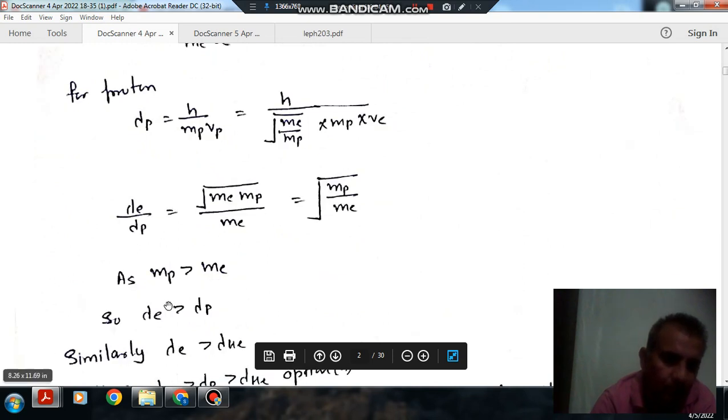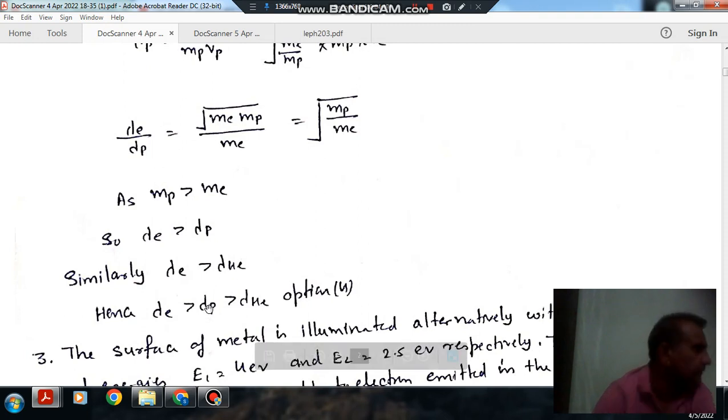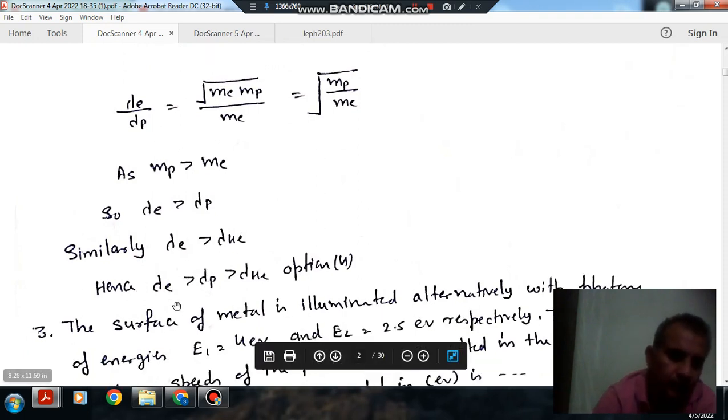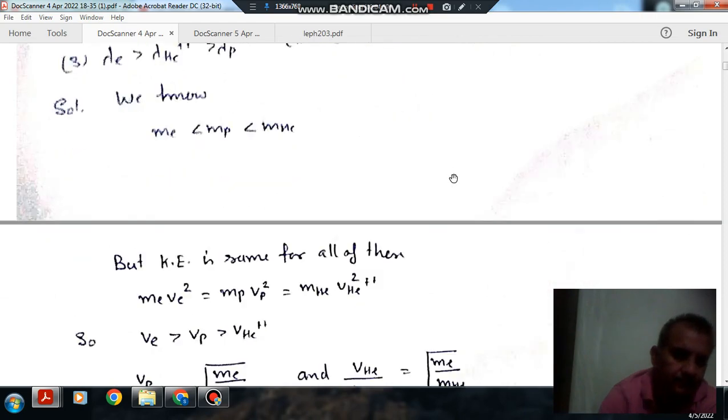As mp is greater than me, lambda e will be greater than lambda p. Similarly, lambda e is greater than lambda He. So lambda e is greater than lambda p is greater than lambda He. So option 4 is the right answer.